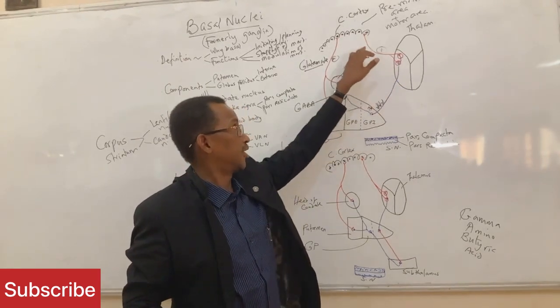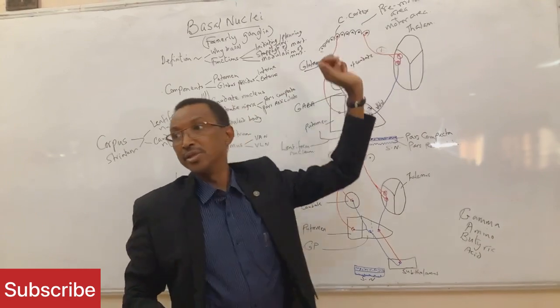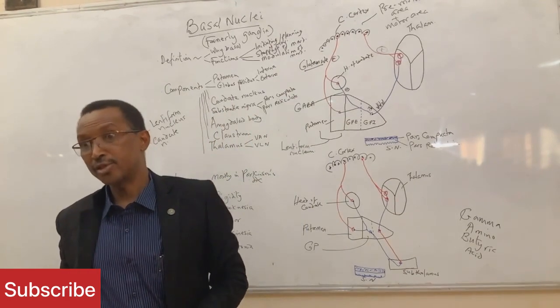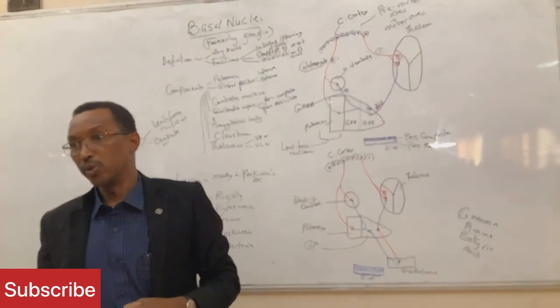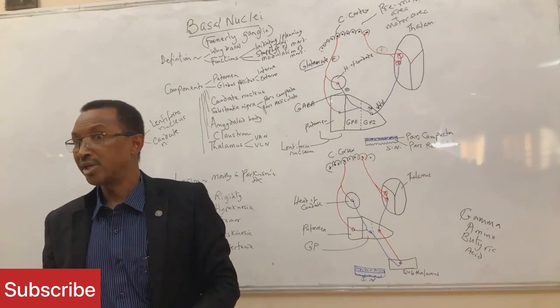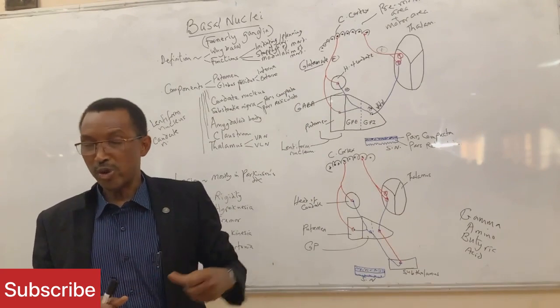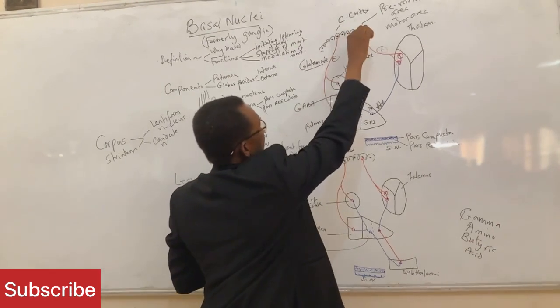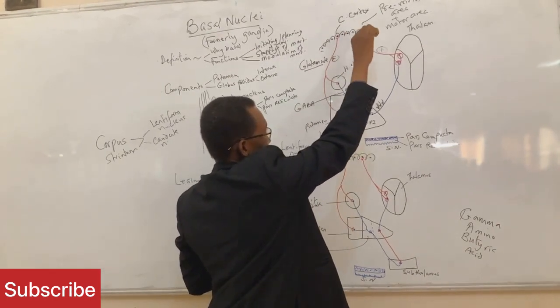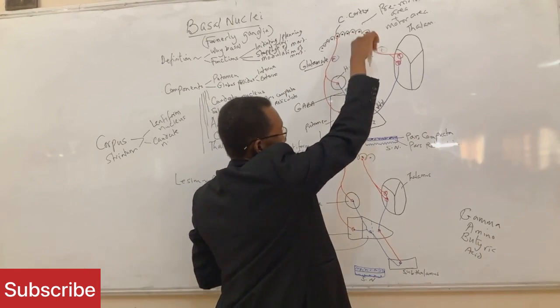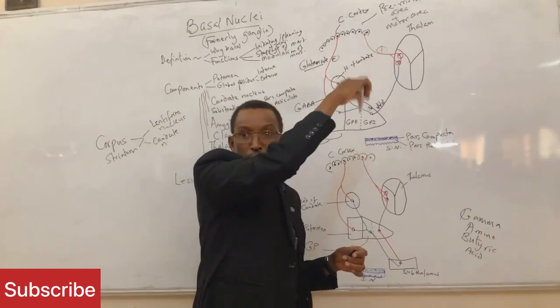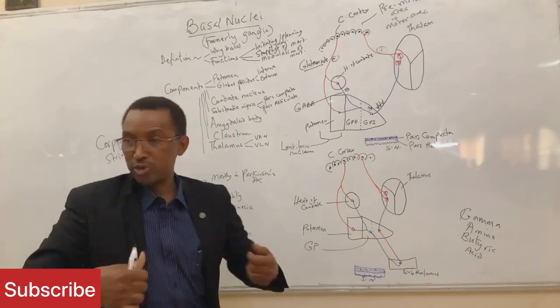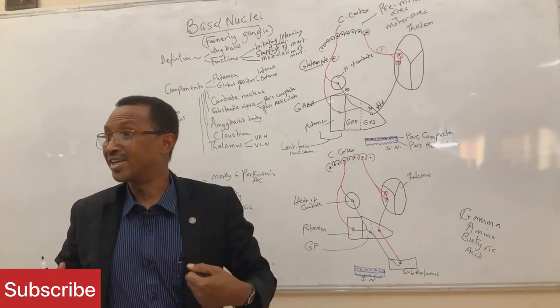So it is excitatory. It will go and excite the motor cortex so that you initiate the motor movement. You get my point? Once this one is stimulated, the motor cortex is excited. The information will now pass through the pyramidal tracts and go to the muscles of the intended motion.